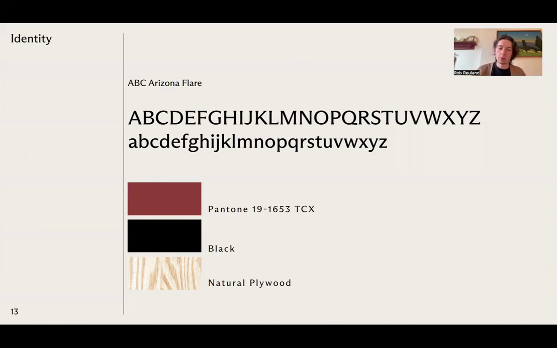And I also brought in the natural color of the wood, which we'll be using, which is going to be a light wood. It will be treated for outdoor experiences, but it's also something that is specifically local to the region, being that the area is full of trees and there is a history of lumber production.